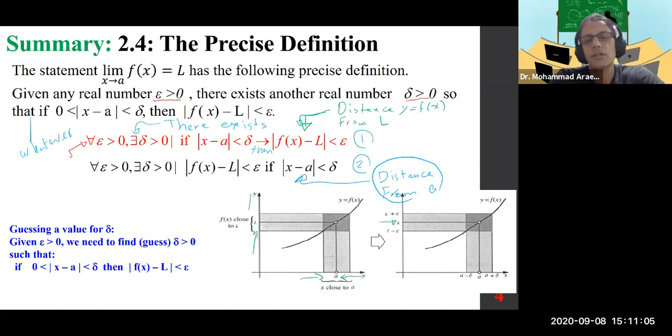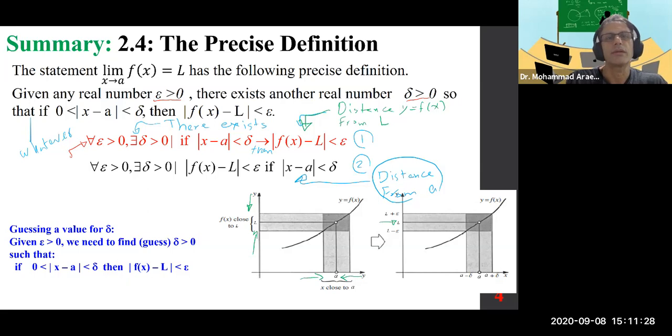If the limit exists, when we approach A from the left and right, then we approach y equals L from the top and the bottom. So left, bottom, right, top. That's the idea. Okay, class? So that's the meaning of this precise definition.